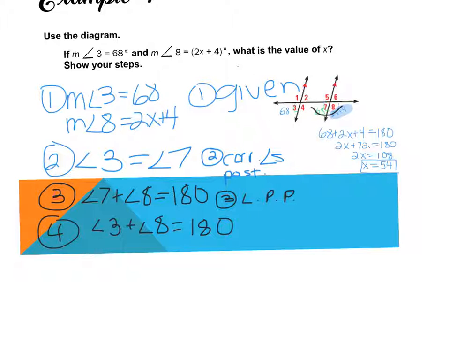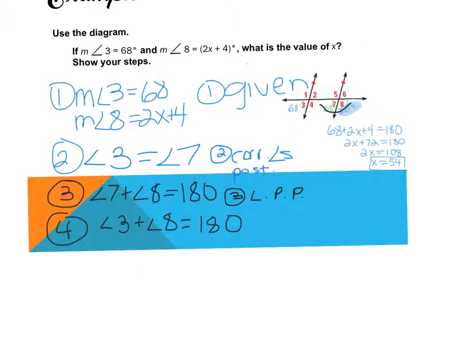Supplementary comes into play if I say it equals 180, or if the word supplementary gets replaced with equals 180. What happened from 3 to 4? Substitution. We said 3 equals 7, yes? And in the place of the 7, I put 3. Does that make sense? So that would be substitution.